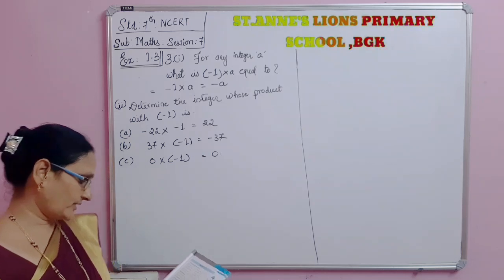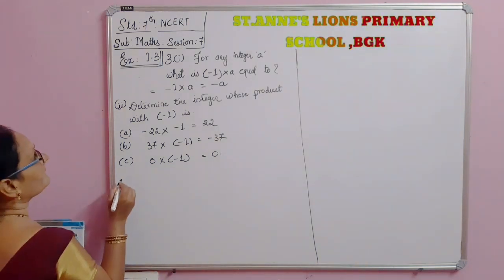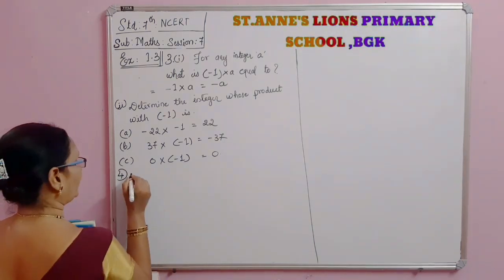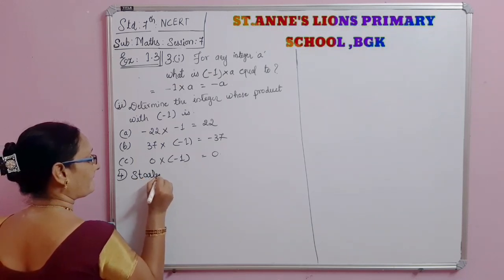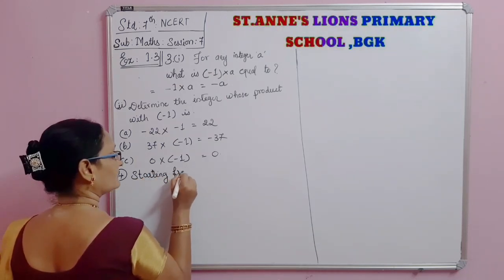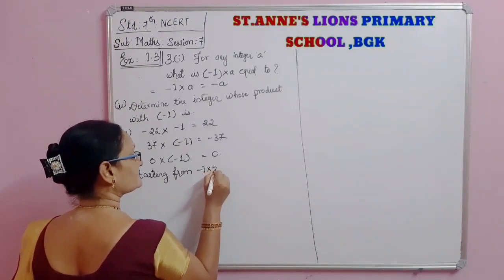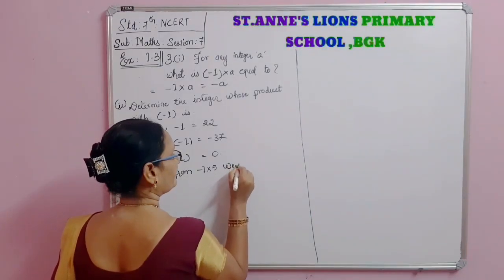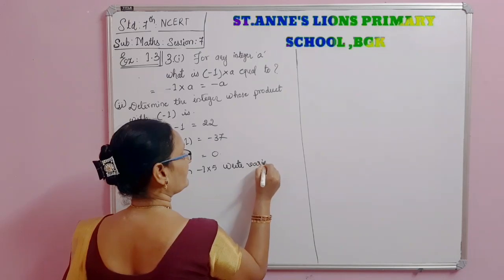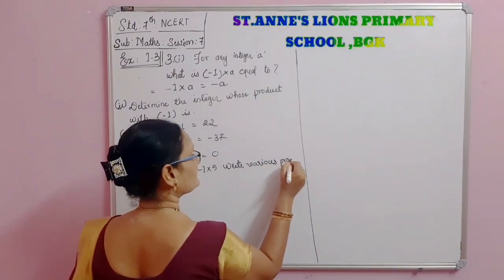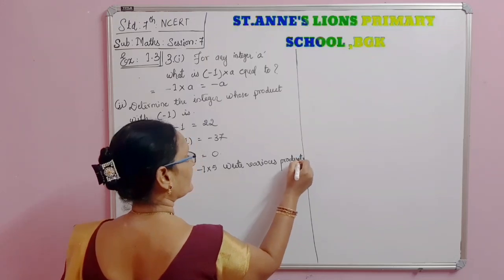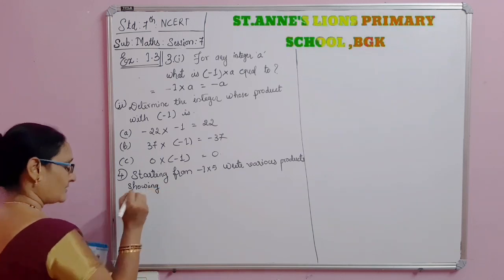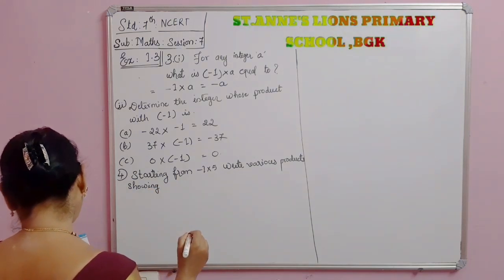Next, pattern. You have to write starting from minus 1 into 5. Fourth main, starting from minus 1 into 5. Write various products showing some pattern.